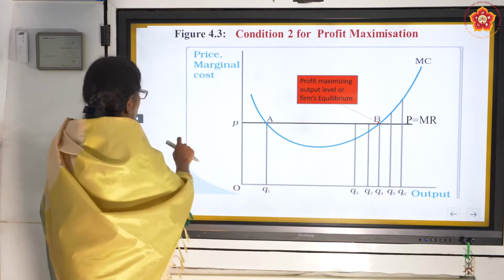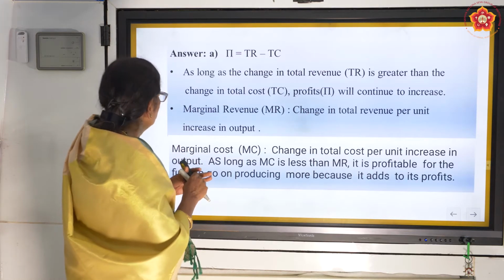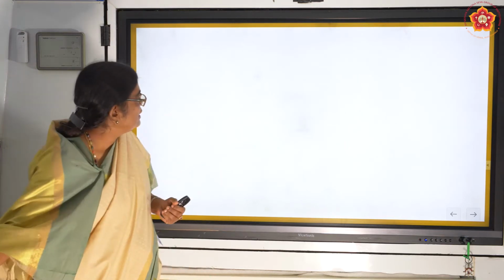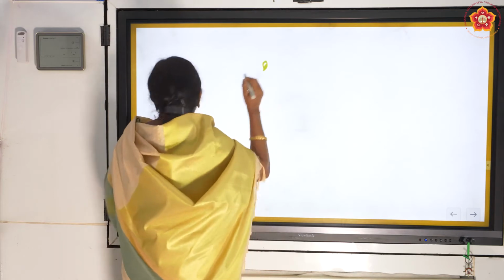The next question was, why should P equal MC, not a non-decreasing MC? I will prove how the P is.